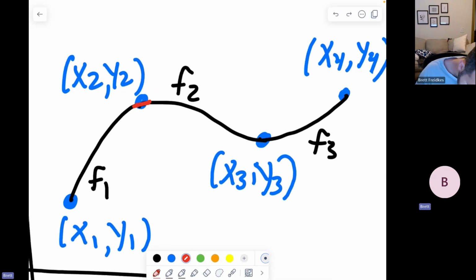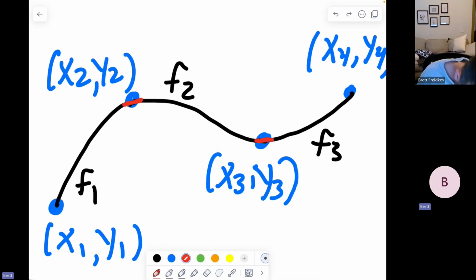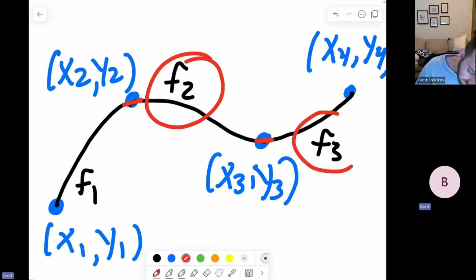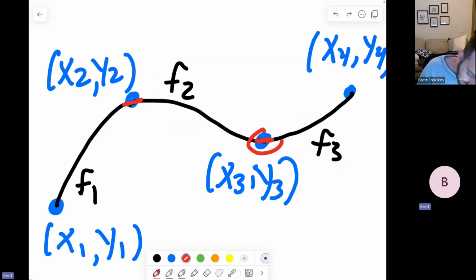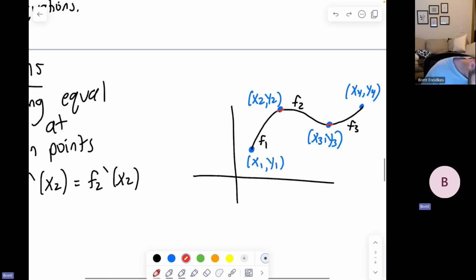And similarly, you'll do the same thing at x3, except now it's between the two different functions f2 and f3. We see that's where this function and this function touch here. Therefore, we have to set it so that their slopes are equal at the point where they meet.